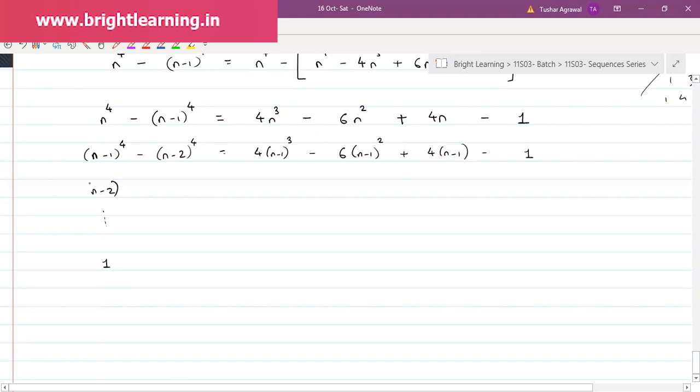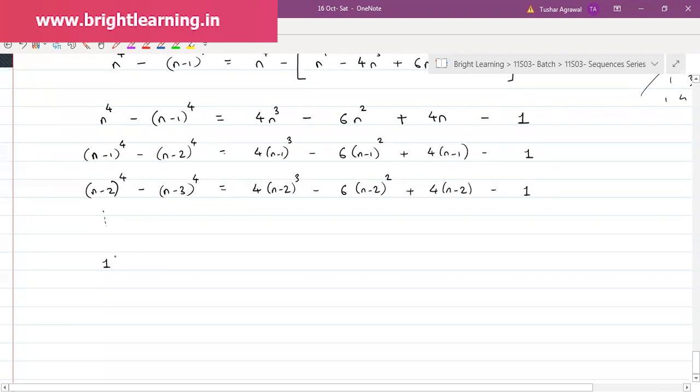Then I substitute n minus 2, then n minus 2 raised to 4 minus n minus 3 raised to 4 turns out to be equal to 4 times n minus 2 cube minus 6 times n minus 2 square addition 4 times n minus 2 subtraction 1.